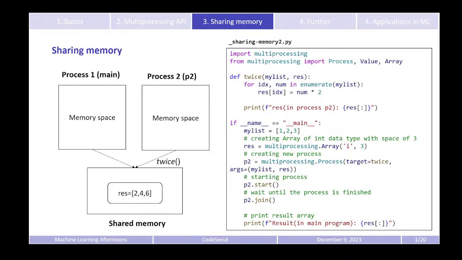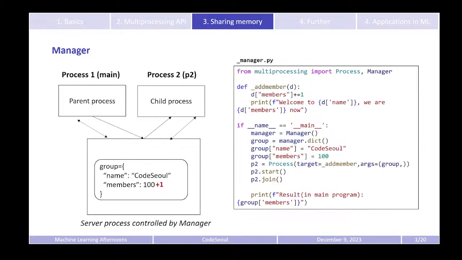But how can we interact not with arrays, but with various kinds of data types, like strings, integers, lists, and so on? For that case, Python's API has a manager, which helps you interact with different types of data.